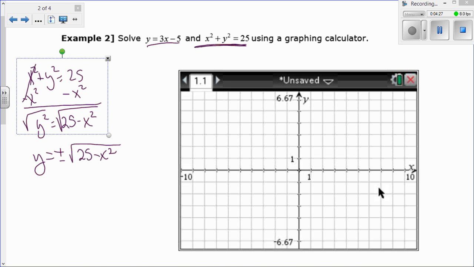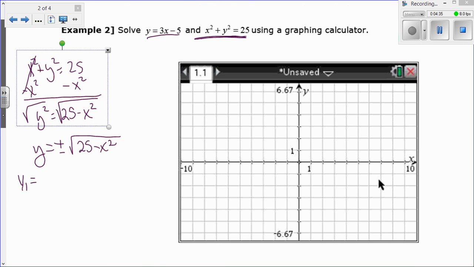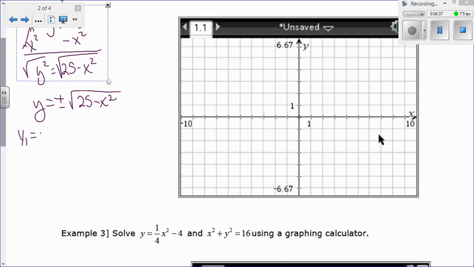Now, when you type it into your calculator, you're going to put our line, 3x minus 5, in Y1, y2 equaling the square root of 25 minus x squared, and y3 equaling the negative square root of 25 minus x squared.